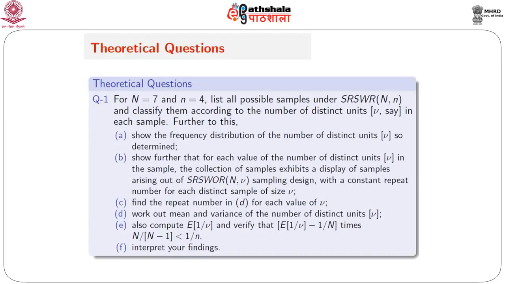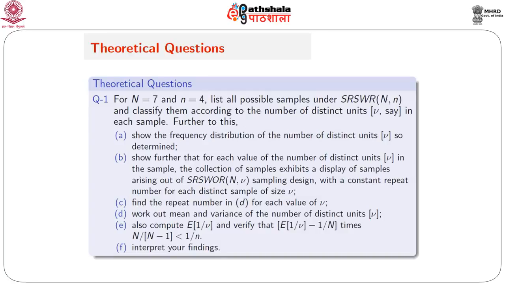Thank you, sir. For capital N equals 7 and small n equals 4, list all possible samples under SRSWR, capital N and small n, and classify them according to the number of distinct units, say nu, in each sample. Further to this, show the frequency distribution of the number of distinct units, nu, so determined.